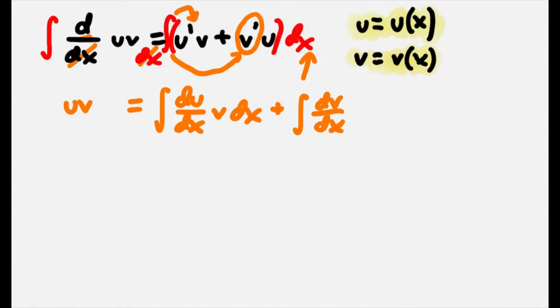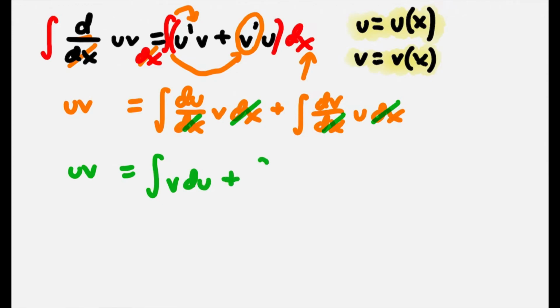I basically wrote this v prime as dv over dx. It means the same thing, it's just different notation. Times u times dx. A number of things are going to simplify here, and then you end up with uv is equal to the integral of v du plus the integral of u dv.